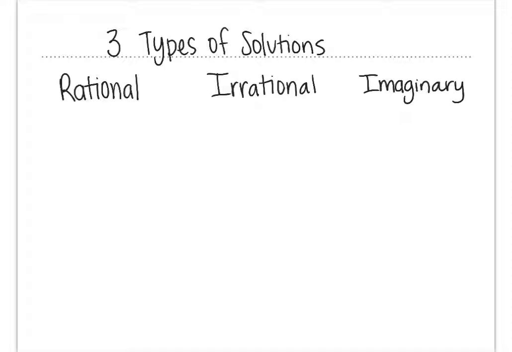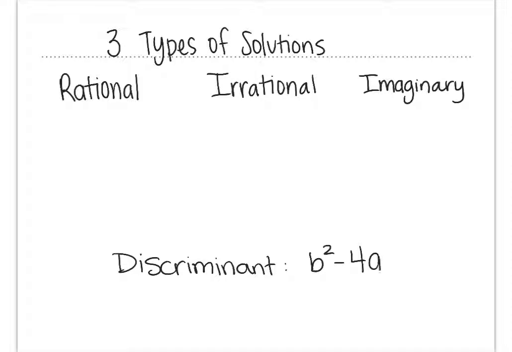We can actually tell what type of solution we're going to have without even solving the quadratic formula. The discriminant is a special name that we give to what was under that square root, the b squared minus 4ac.